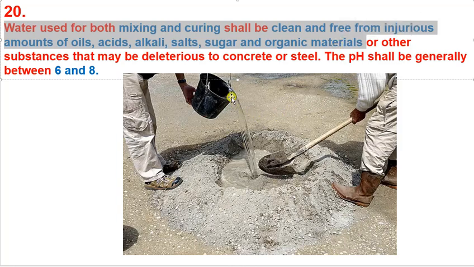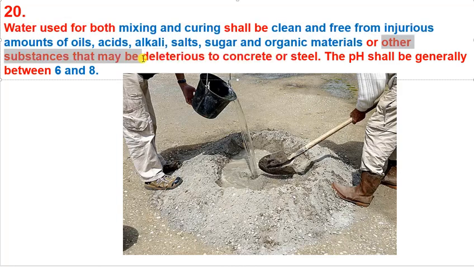Got it? So the water we are using for mixing or curing of concrete should be free from ingredients like oil, acid, alkali, salt, sugars, and organic matter or other substances that may be deleterious to concrete or steel. Got it? That's the point we need to remember.